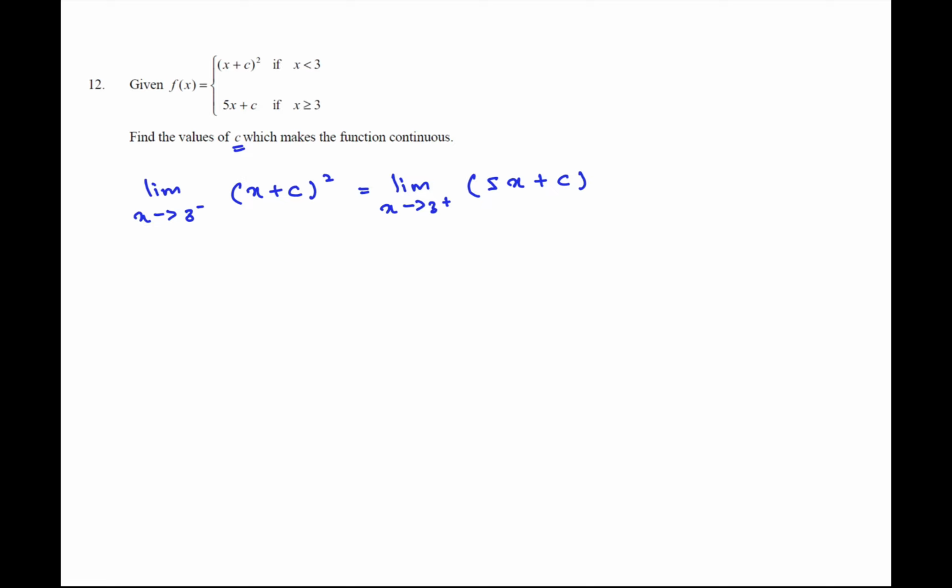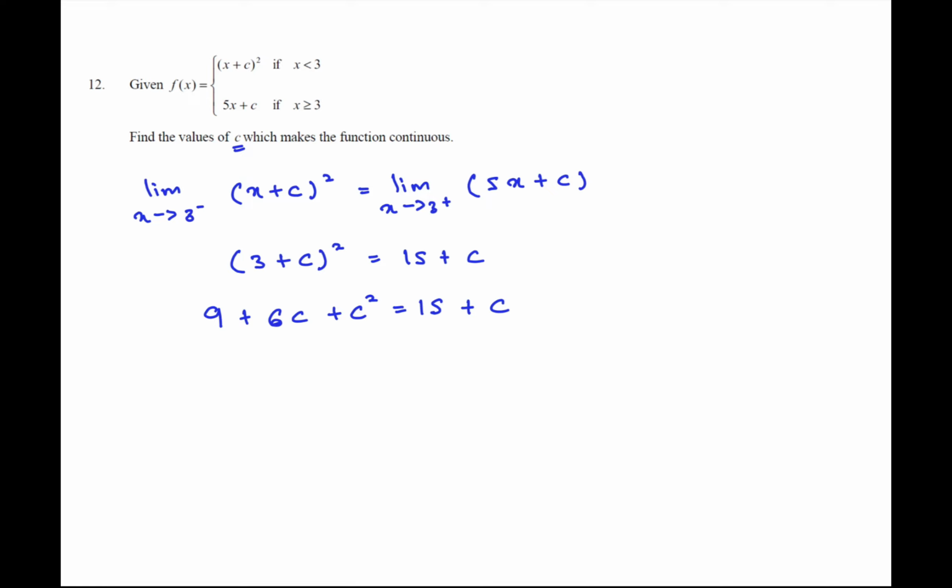When we substitute 3 for x, we get (3 plus c) squared equal to 15 plus c. Expanding the left hand side, we get 9 plus 6c plus c squared equal to 15 plus c.